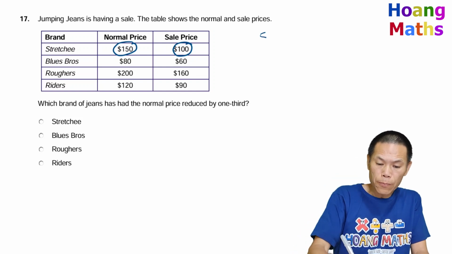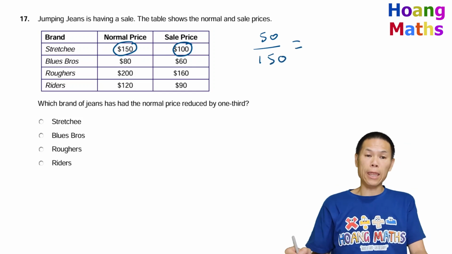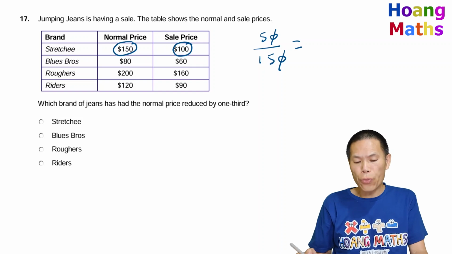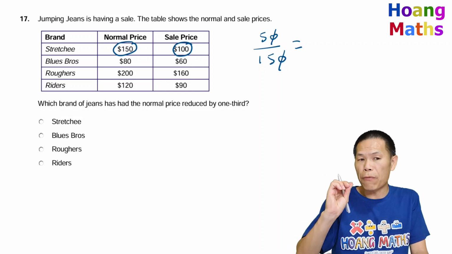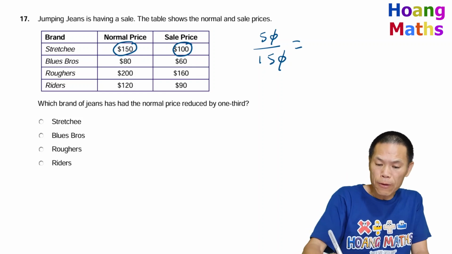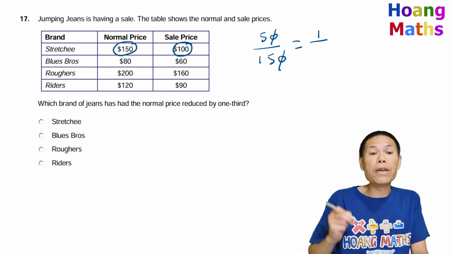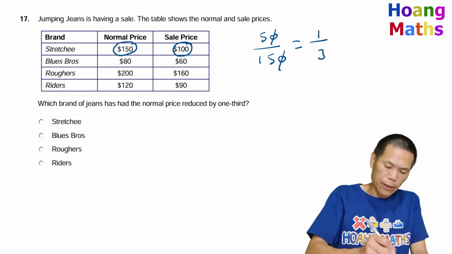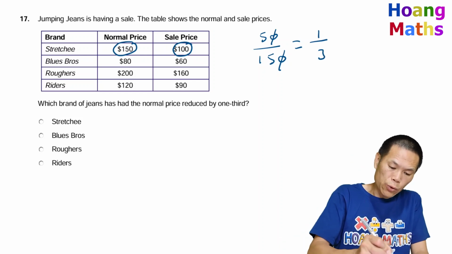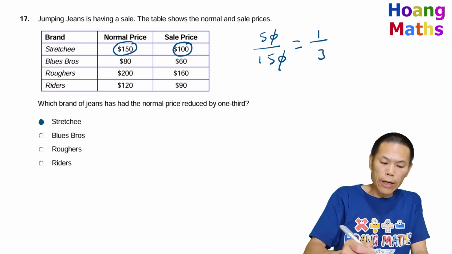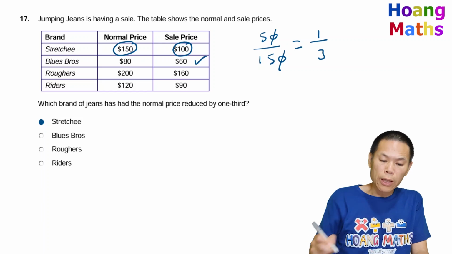So 50 over 150. So see if we get 1/3. That's all it is. Both the top and the bottom can be divided by 5 because both are divisible by 5. So 5 divided by 5 is 1. 15 divided by 5 is 3. So that is 1/3. So the answer should be Stretchy. That's the answer.